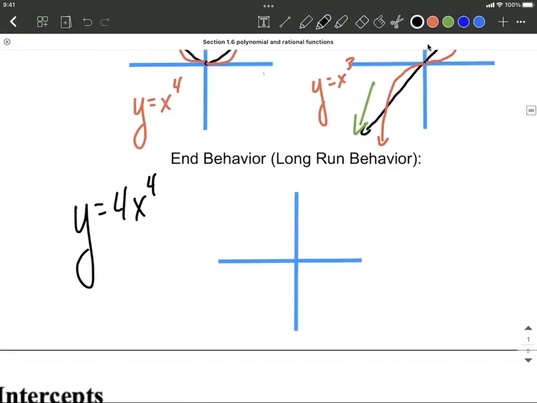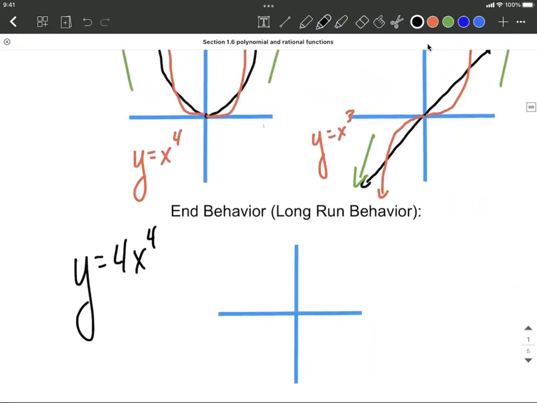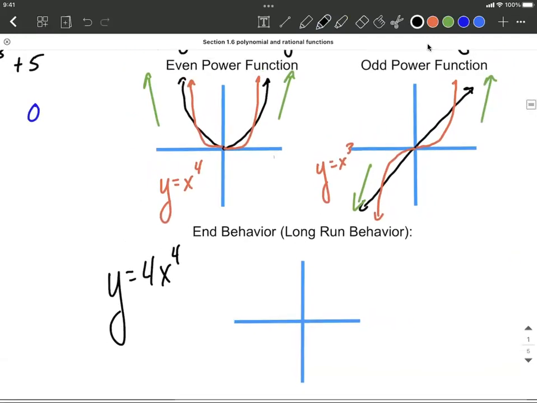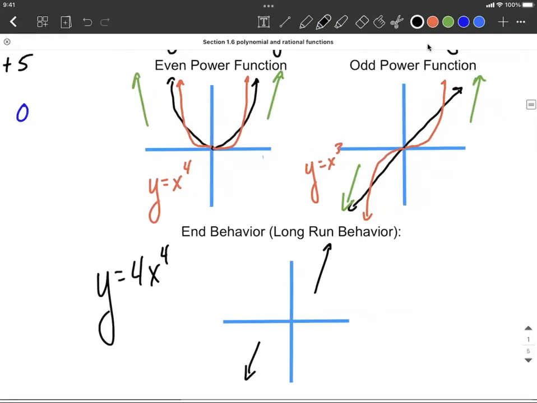So in our case, if I asked you to graph, hey, what does y equals 4x to the fourth power look like? Well, I already graphed the x to the fourth power up there, just above us in red. It's an even power. That 4 out in front, that leading coefficient, isn't going to flip it upside down. So on the right-hand side, it goes up, and the left-hand side, it goes down. Now, another way to write this is with limits.